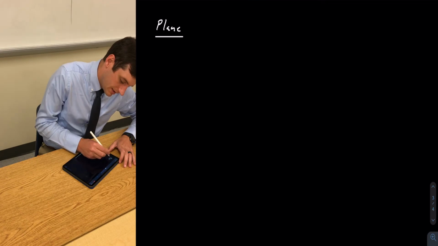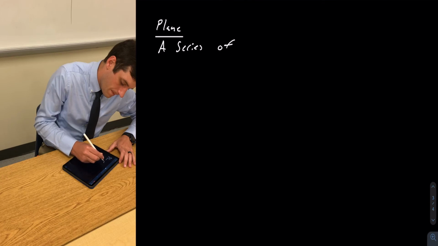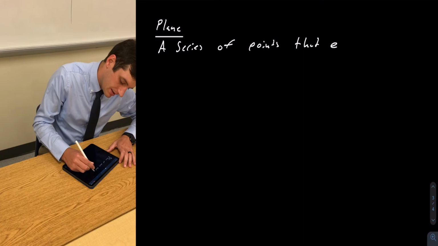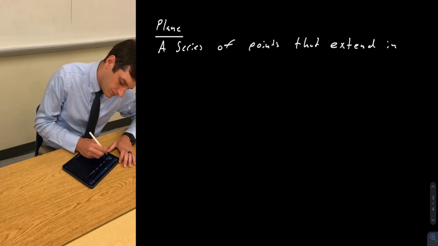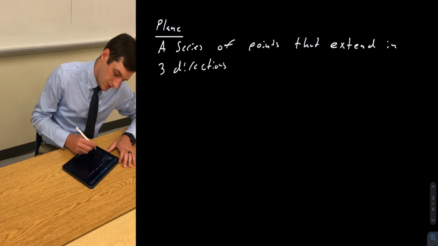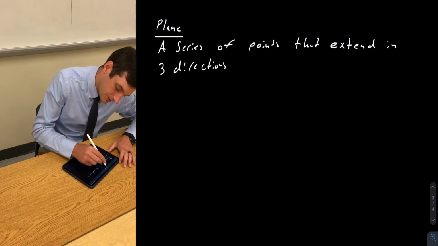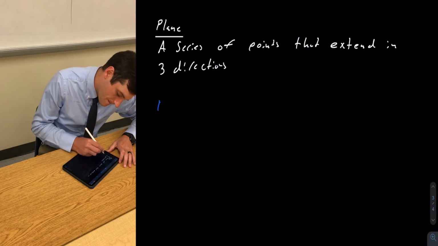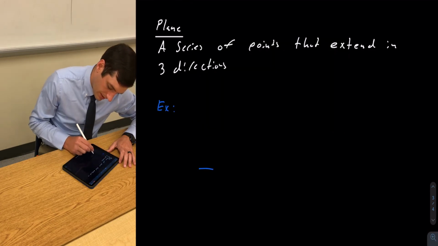A plane is a series of points that extend in, we'll say, three directions. So here's an example of a plane.